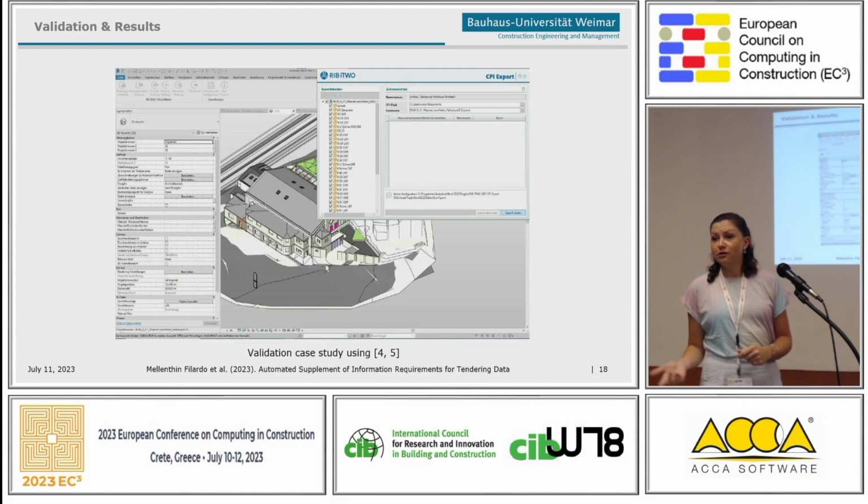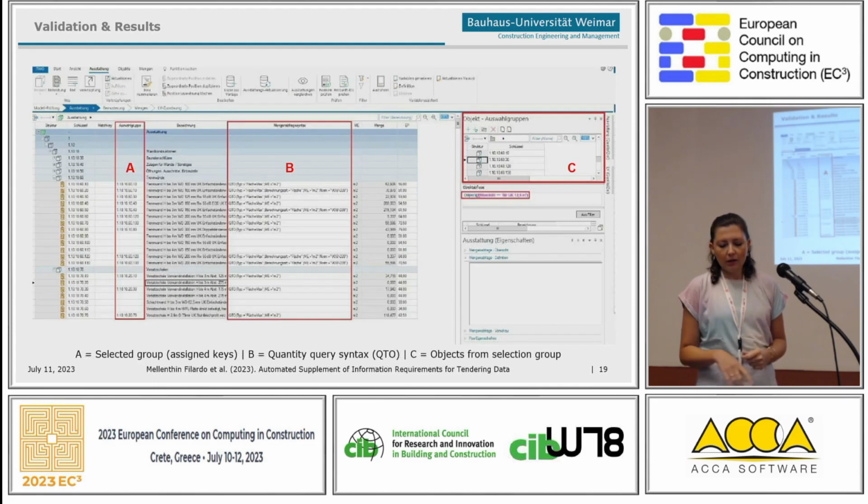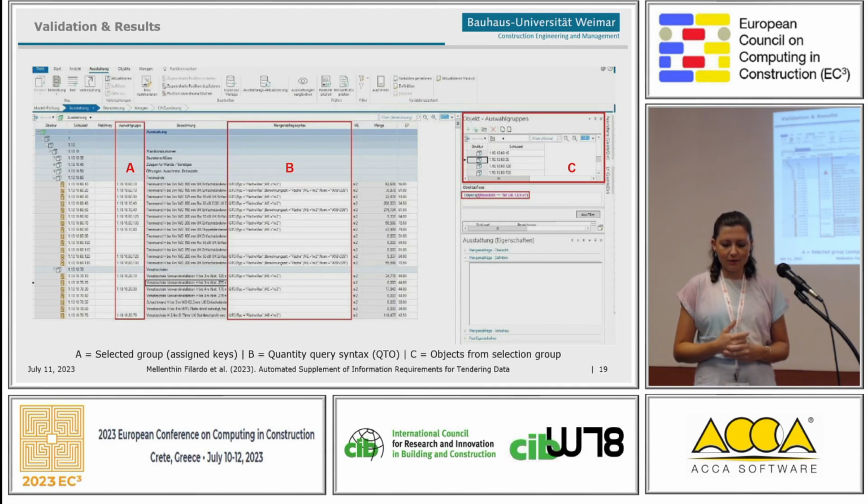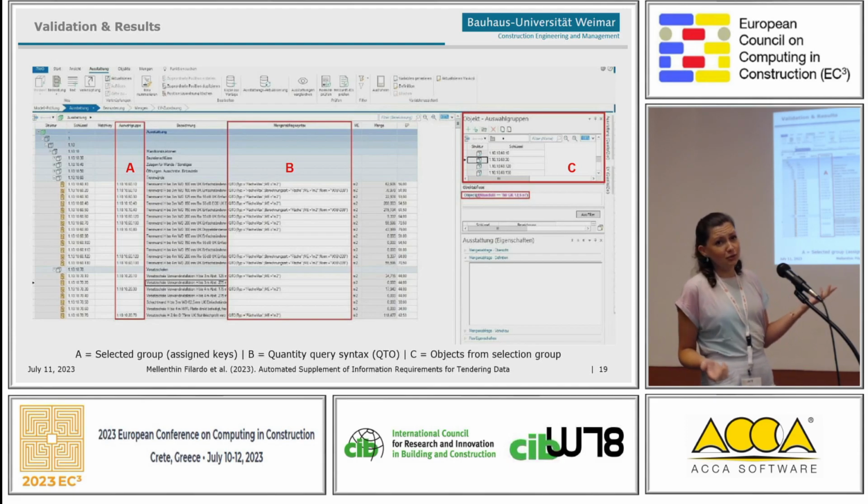Then we exported it using the format that is necessary for the TAI application, which in this case is I2. And so the format is CPI XML. Actually we exported an IFC, but I2 takes the IFC and translates it to CPI XML.